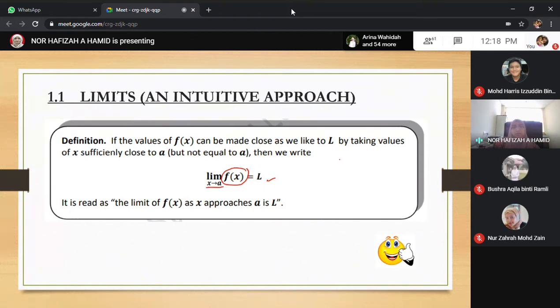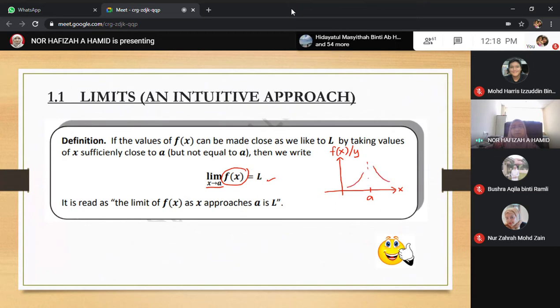So for example, you have the x-axis and the y-axis, or f(x). You have one value a. For limit, we need to find the value at the y. Contoh, this one is the graph.